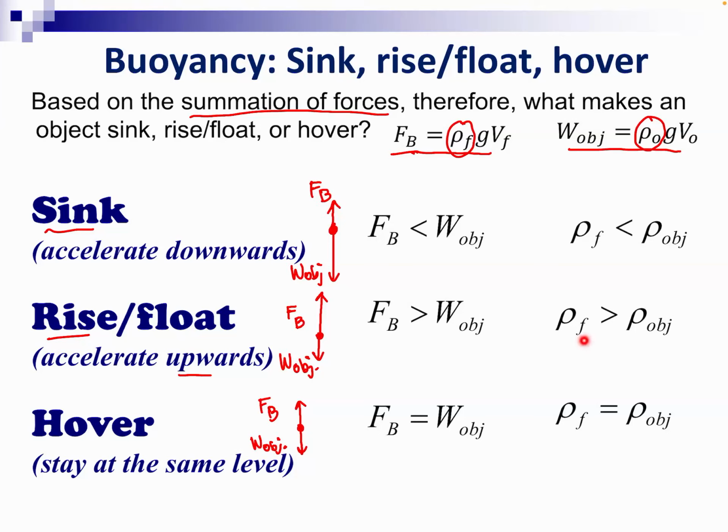And if the density of the fluid is greater than the density of the object, then the object will float. And of course, if they have equal densities, then the object's just staying in the same level. It's neither sinking nor rising up.